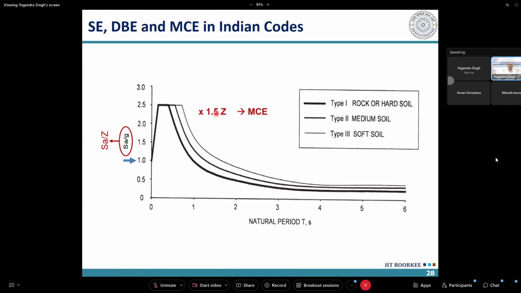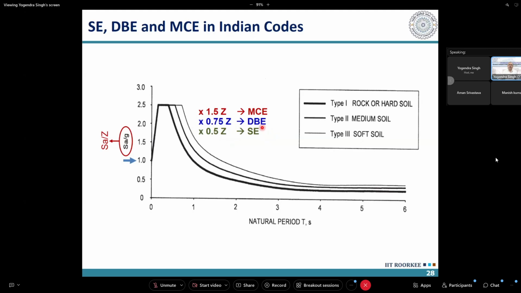So actually it is representing S_a/Z, and that's why we have to multiply it by Z. And when I multiply it by 1.5 Z, then this becomes the response spectrum corresponding to MCE. And if I multiply it by 1.5 Z/2, then it becomes DBE. And if I multiply this by 0.5 Z alone, then it is the serviceability earthquake.